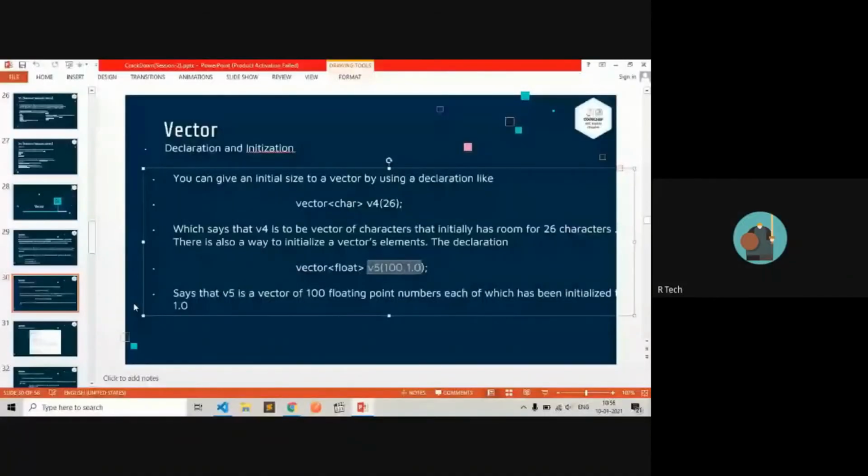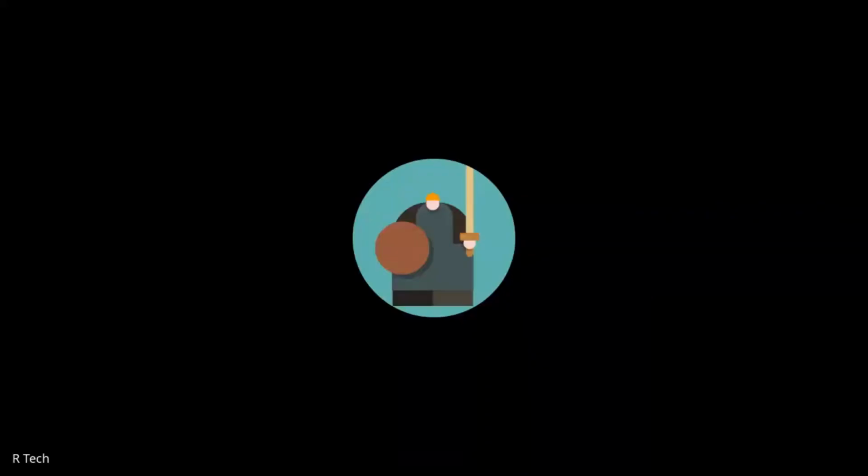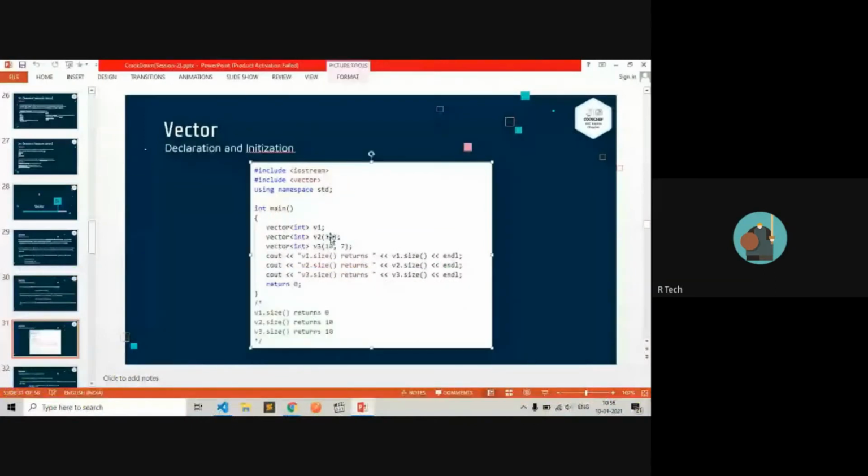Just include the vector file, vector, the type of the value that will be in the array, and the size. If you specify the size of the vector as a function, it will return a value.